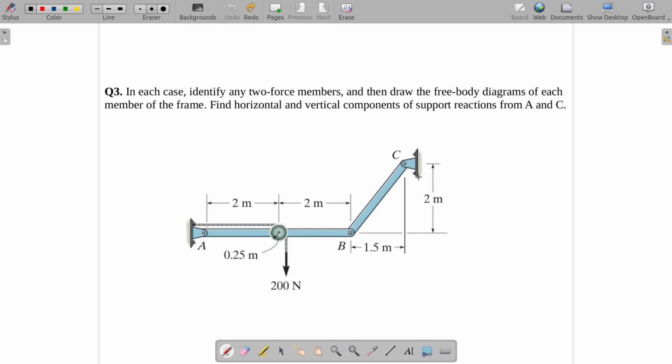And like I've told you before, this is not a truss. You can see that for example in member AB, at the middle of the member AB there is a pulley on which there is a tight rope, at the end of which 200 Newton force is being applied. The radius of the pulley is given.